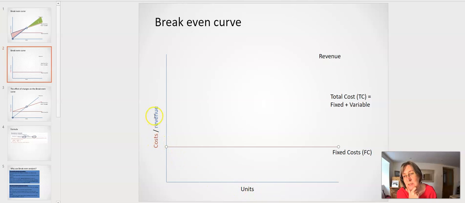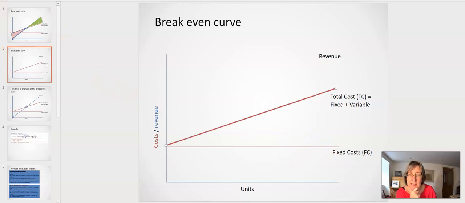So here this is costs or revenue. It's two graphs put together, remember. So we have the fixed cost. No matter how many units you produce, the fixed cost will remain the same. So that's why it's a horizontal line. It won't change no matter how many you produce.